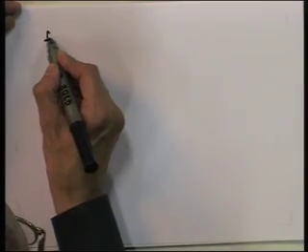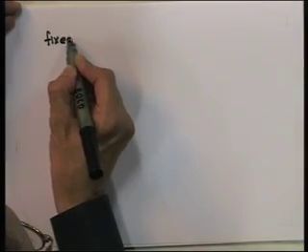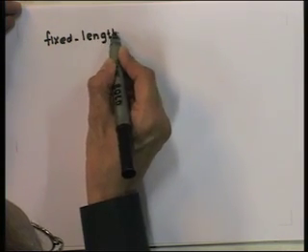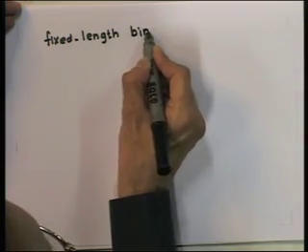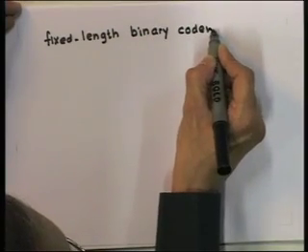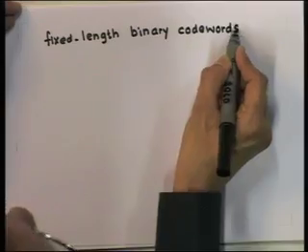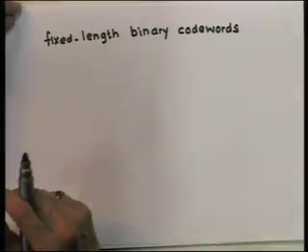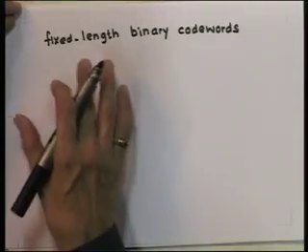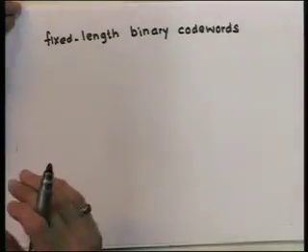Now, if we use fixed length binary code words to represent the quantizer output, then the size of the output alphabet immediately specifies the rate.